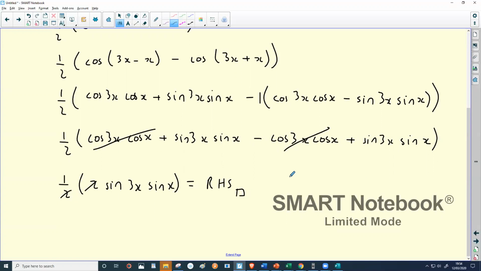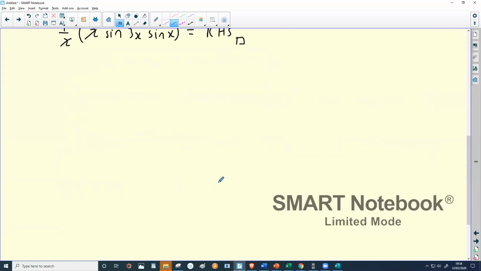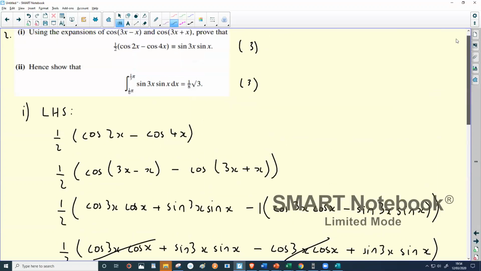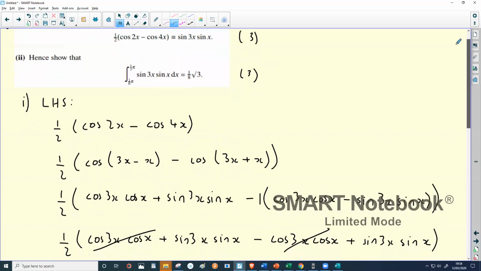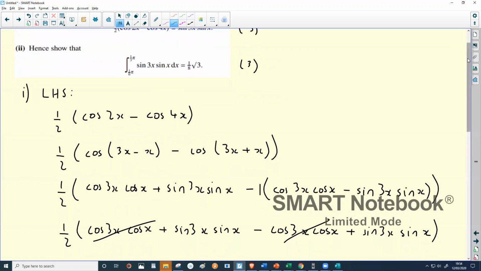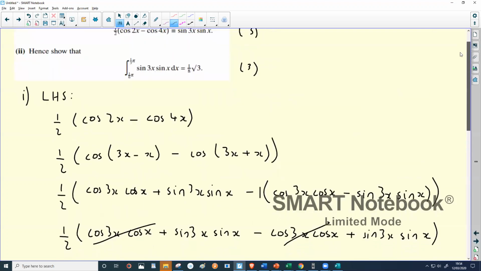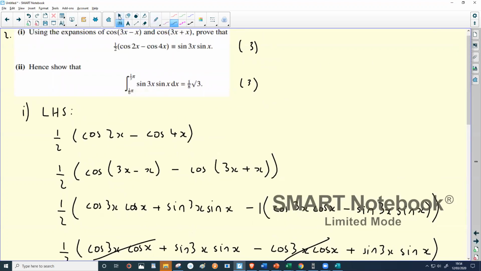So we've done part 1 of this question. Let's have a look at the second part. So we've been asked to integrate sin 3x sin x between the limits of pi over 3 and pi over 6 and show that it is equal to a given value.